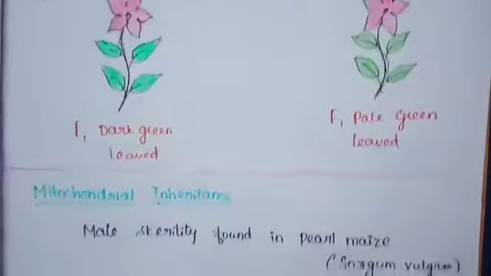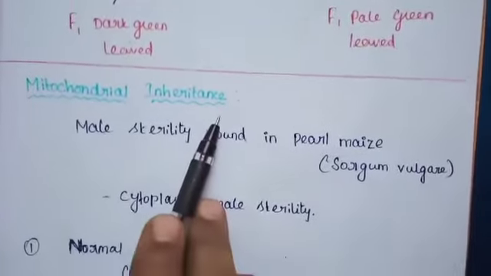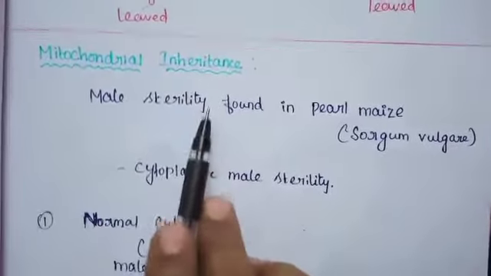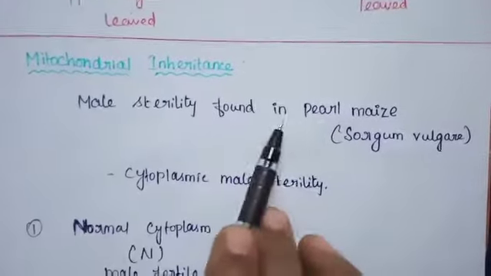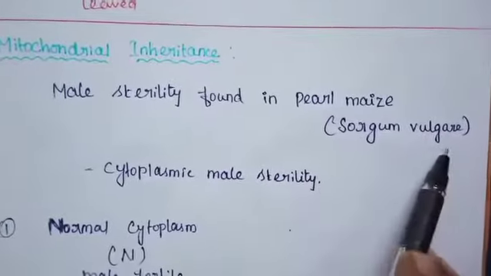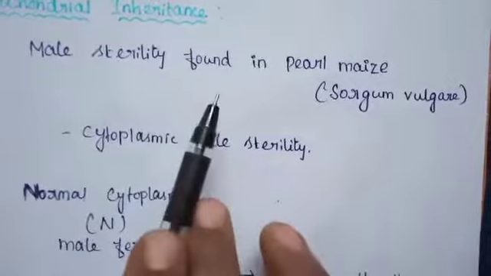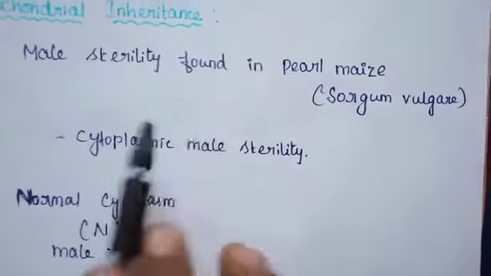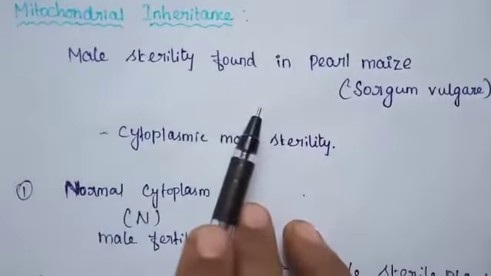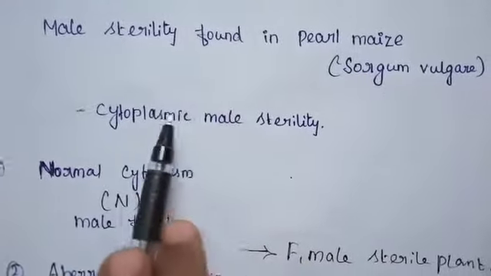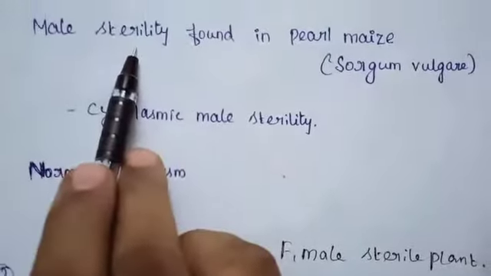Next, mitochondrial inheritance. In mitochondrial inheritance, male sterility found in Zea mays, and Sorghum vulgare, is the best example of mitochondrial cytoplasmic inheritance. So it is called cytoplasmic male sterility.